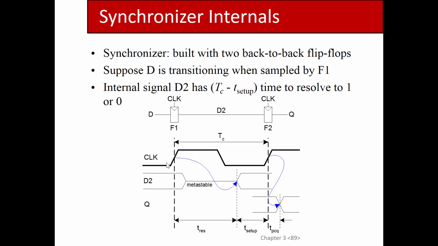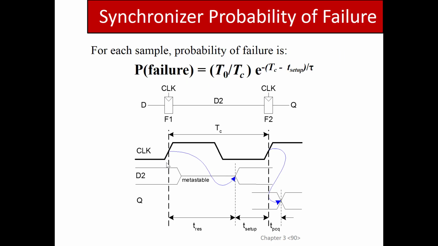So this way we can calculate a probability of failure by setting our t value to be Tc minus the setup time. So we can lock in this term right here, which previously was just t, to be these two values: Tc, which is our clock speed that we know, and t setup, which is known from our flip-flop.